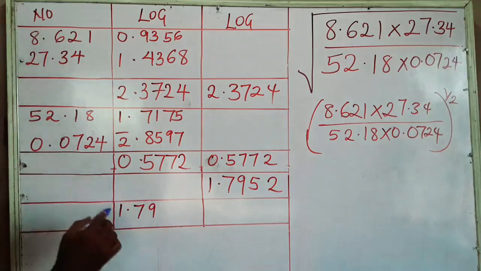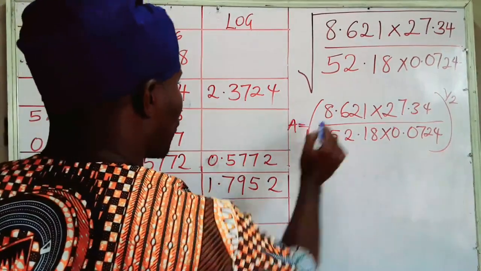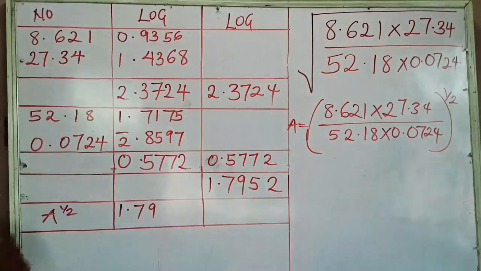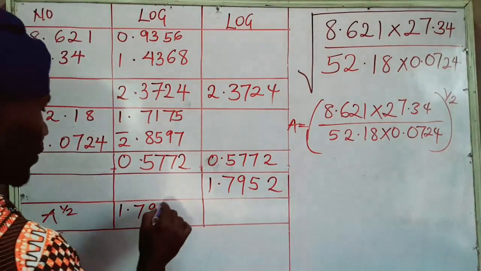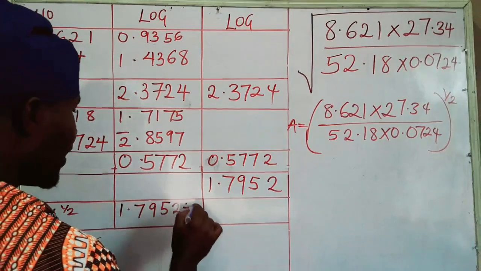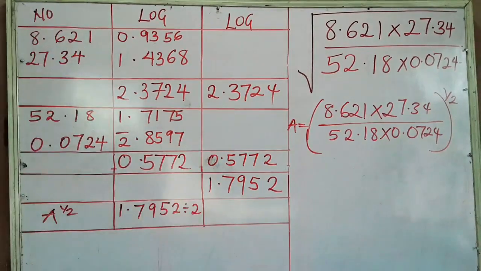So let's assume it is a raised to power half. We represent a as 1.7952 divided by 2. So we use the 2 of the power, the half of that power. We now use the 2 to divide. That is just the meaning.